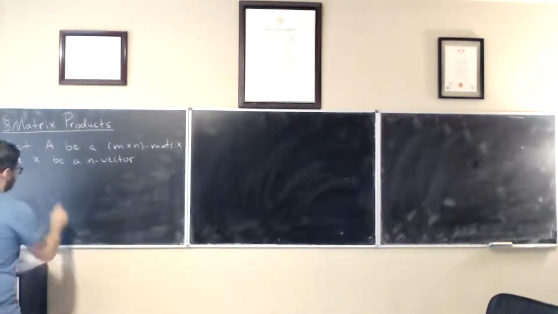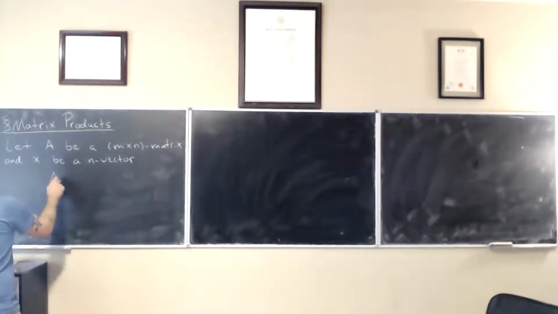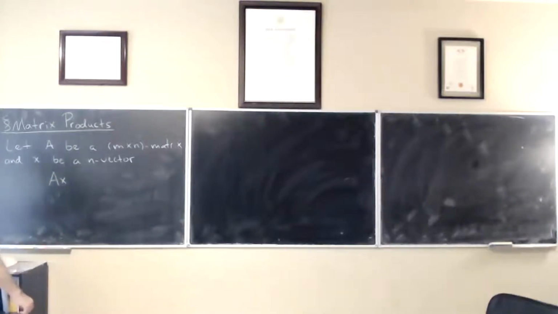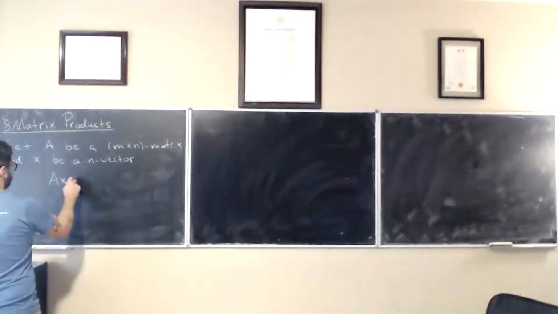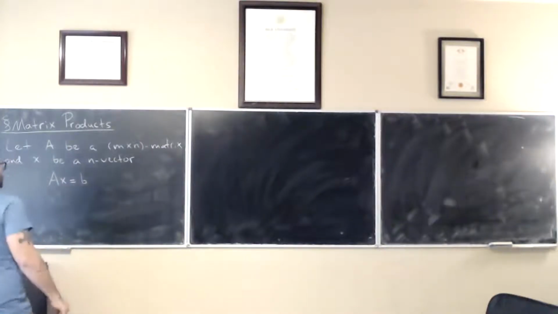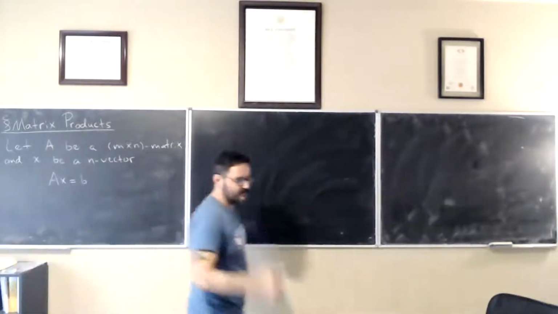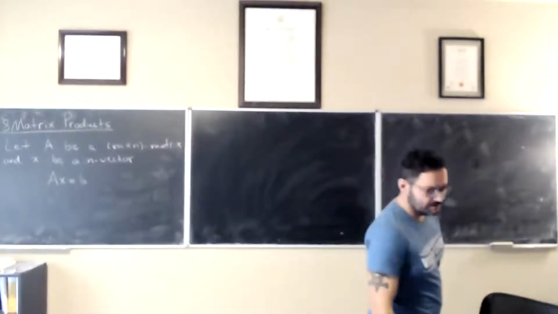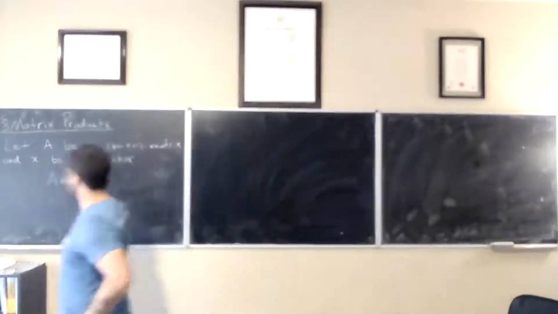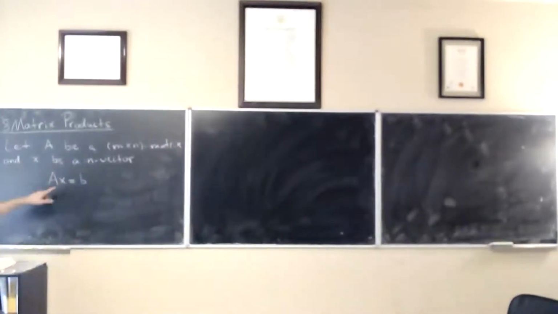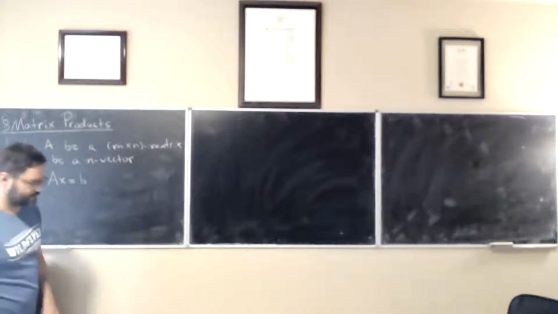Our goal is to completely understand this multiplication. It's like the most famous looking equation of all linear algebra courses. It's just matrix A times a vector gives you B.